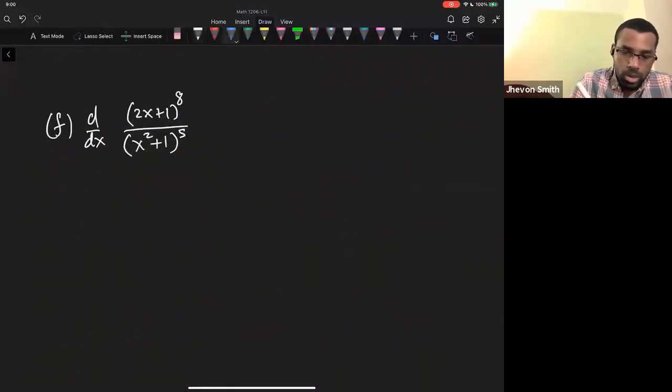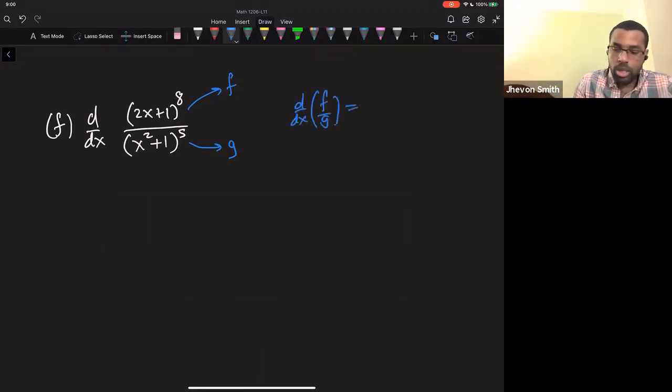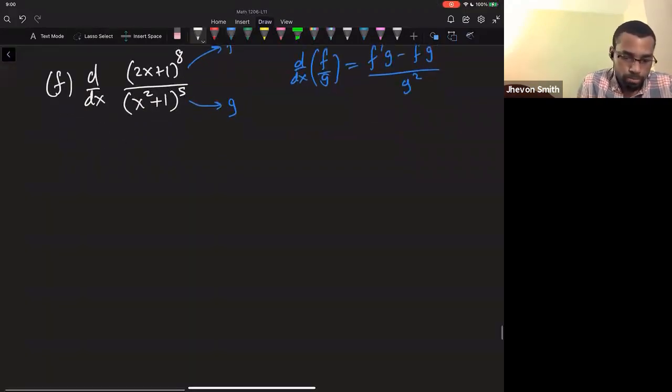This one is f, that's g. So we can do, again, the quotient rule. You know that the derivative of f divided by g is f prime g minus f g prime over g squared. So we can do that.